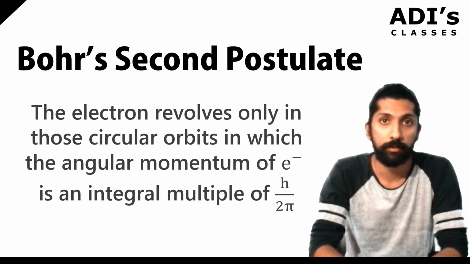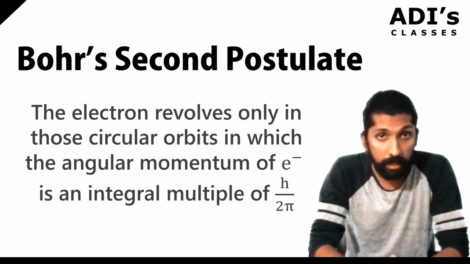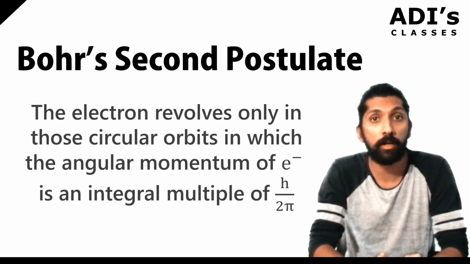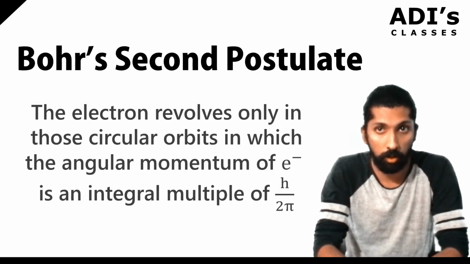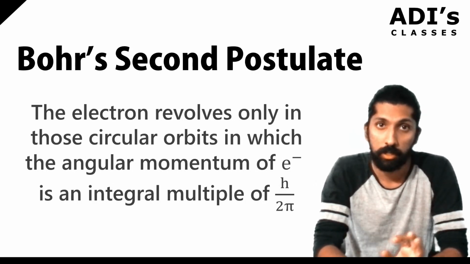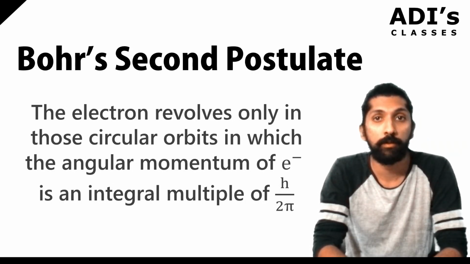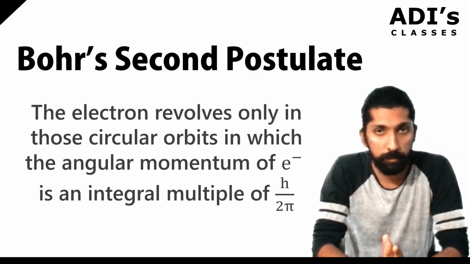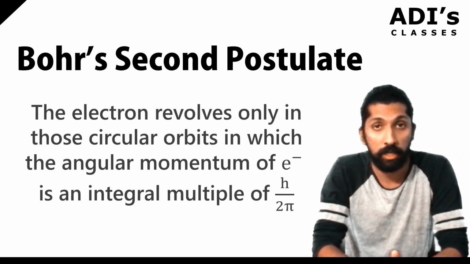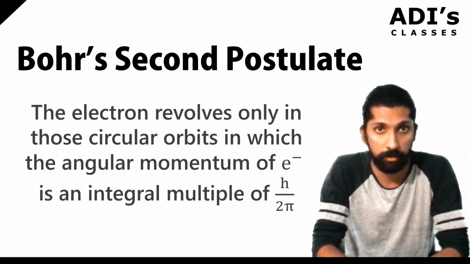Again, I'll repeat this: the electron can revolve around the nucleus only in those circular orbits in which the angular momentum of the electron is an integral multiple of h by 2 pi. This postulate is very, very important for further derivations and conclusions.